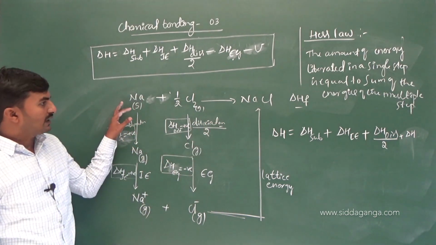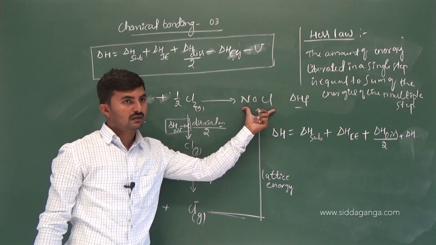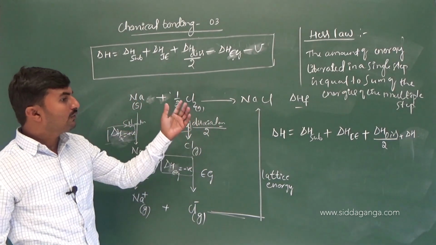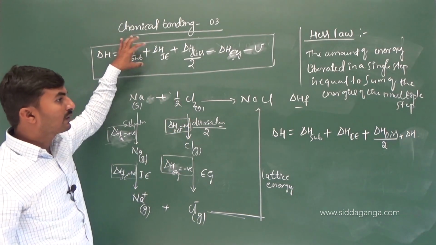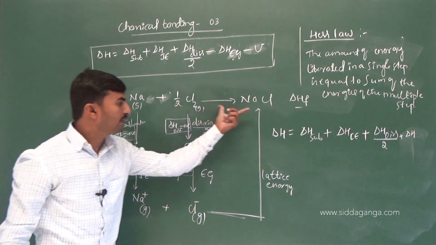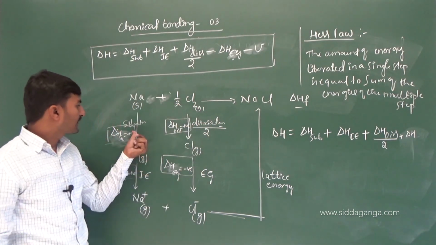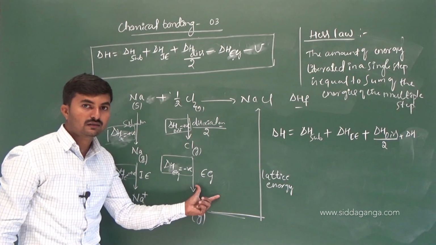Okay, in this example, the preparation of an NaCl compound by using the Born-Haber cycle. How are we going to calculate the lattice energy? By using the concepts of enthalpy of formation, sublimation, ionization, dissociation, and electron gain enthalpy.